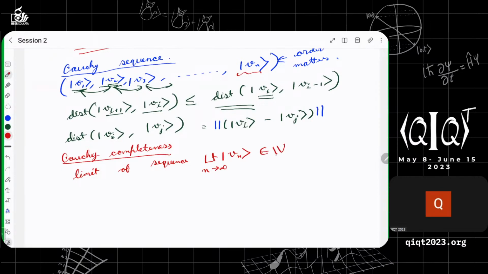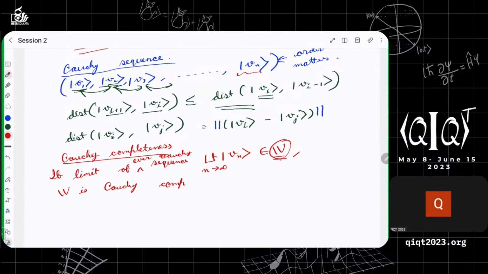So if that belongs to V, then V is said to be... so if the limit of every Cauchy sequence is in the same space, then we say that V is Cauchy complete.